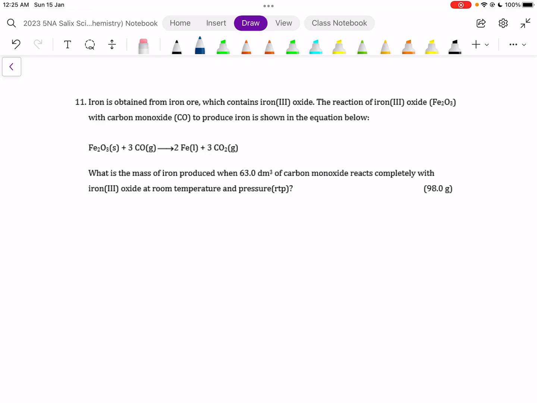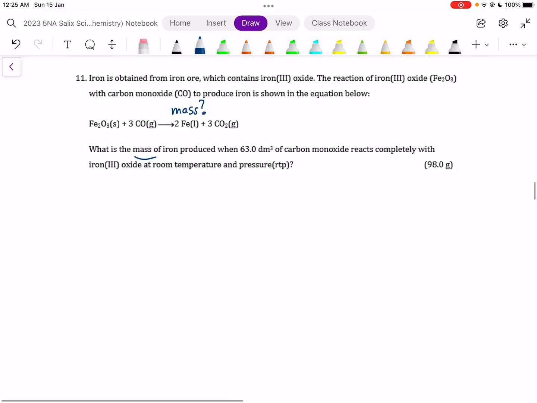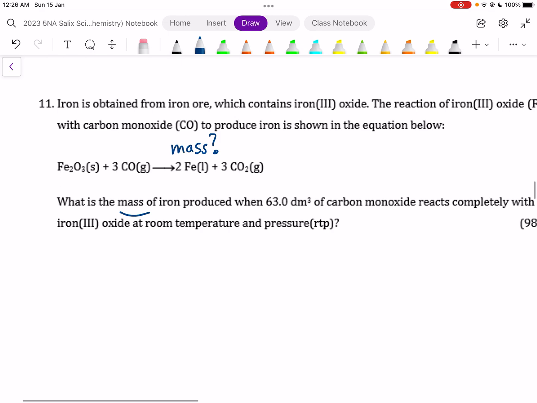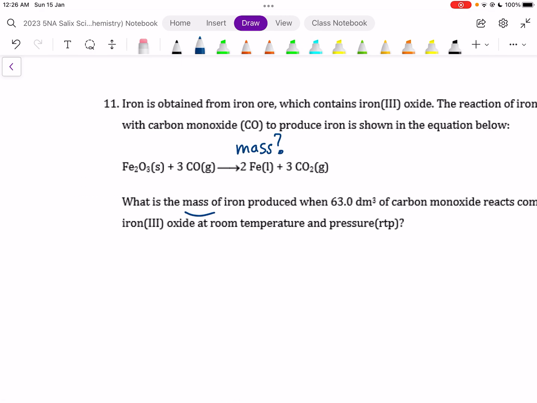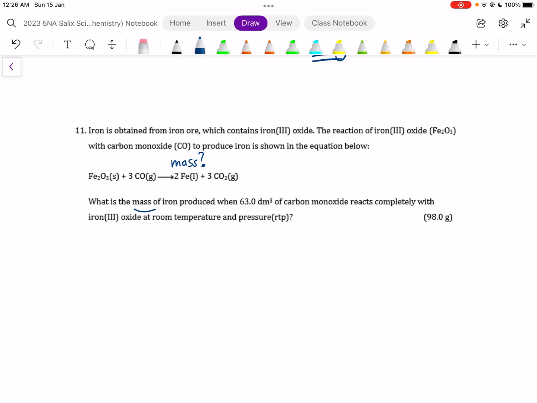You are told to find the mass of iron, and you are given 63 dm cube of carbon monoxide. What is the mass of iron produced when 63 dm cube of carbon monoxide reacts completely with the iron trioxide at room temperature and pressure?